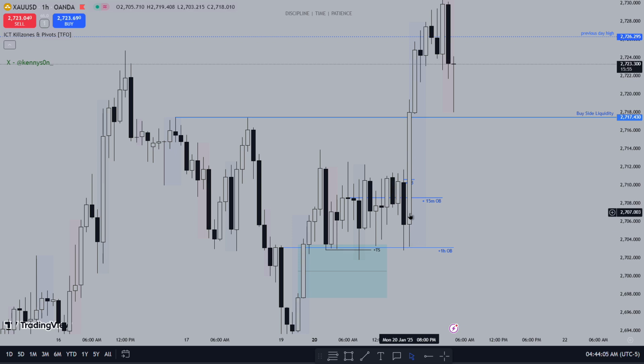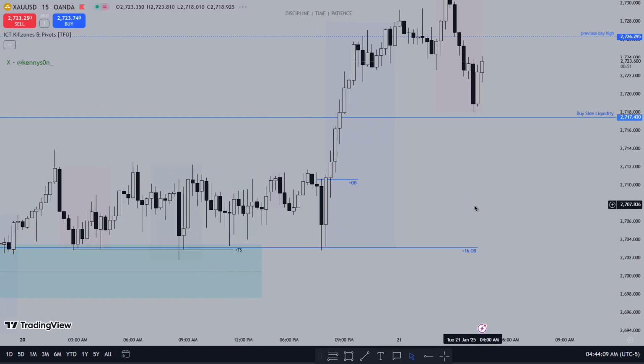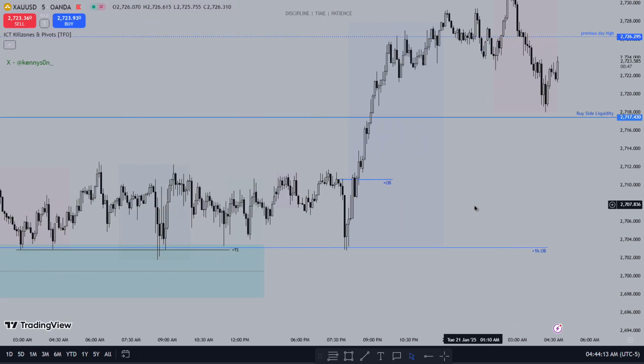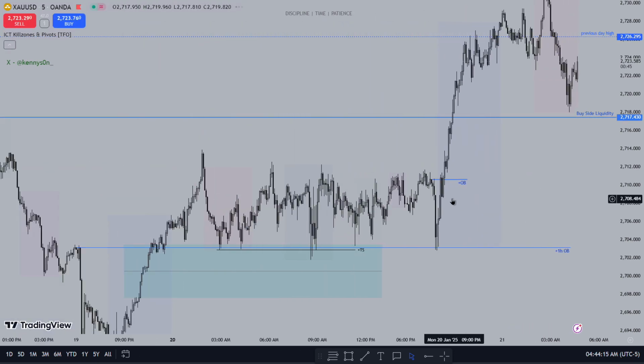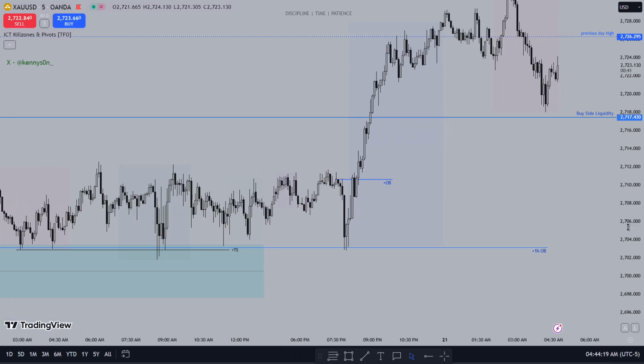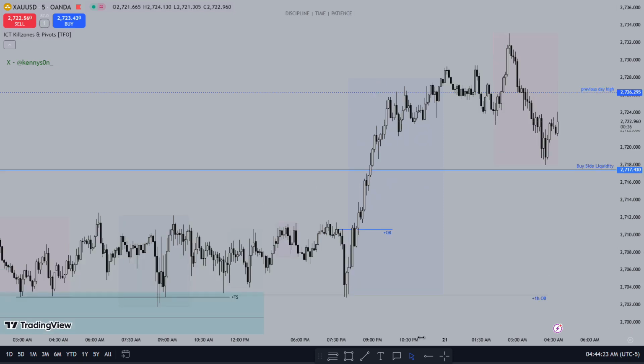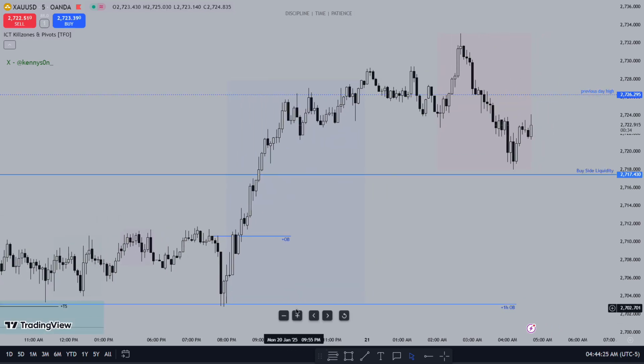And for me, I wait because I know that the algorithm operates within a time basis, and I did wait, and then I was just asleep. I don't usually trade Asia. I was just asleep during this time, but I woke up and I was interested in seeing what happened.